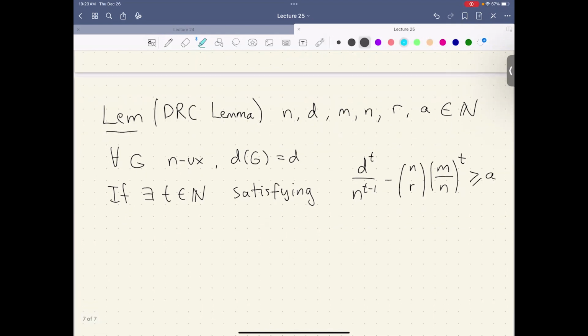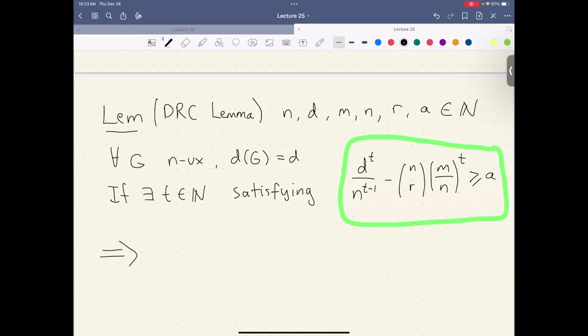So here, this is the key inequality. Then we can find this nice set U of vertices such that it's large.